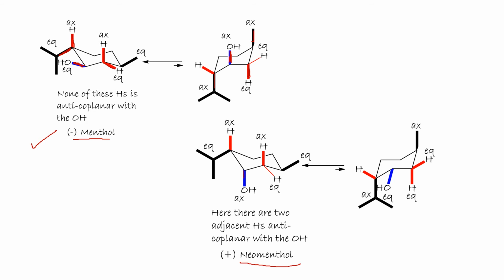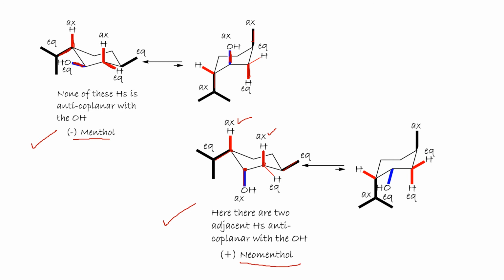We go to the neomenthol. Here we have axial, axial. These two hydrogens on the alpha carbons to the carbon of the OH are anti-coplanar, and that is the most stable conformer. This is equatorial and this is equatorial, the two alkyl groups.